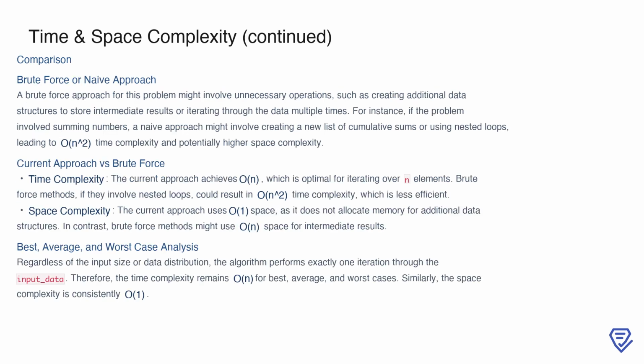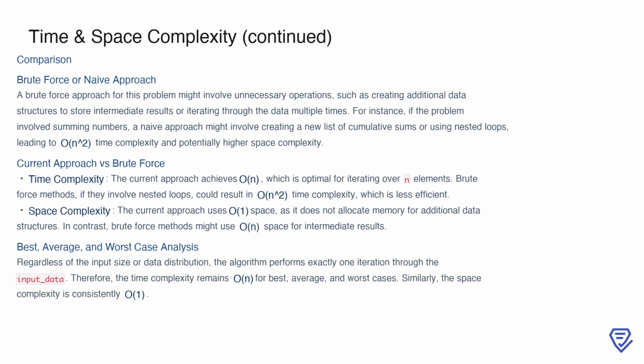We can better understand the efficiency of the current approach by comparing it to a brute force or naive method. A brute force solution might involve unnecessary operations, such as creating new data structures to store intermediate results or iterating through the data multiple times. For example, summing numbers using a naive approach might involve nested loops or generating a new array of cumulative sums, which could result in n squared time complexity and potentially higher space usage.